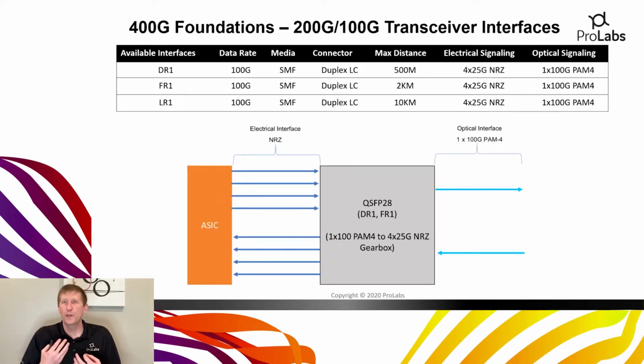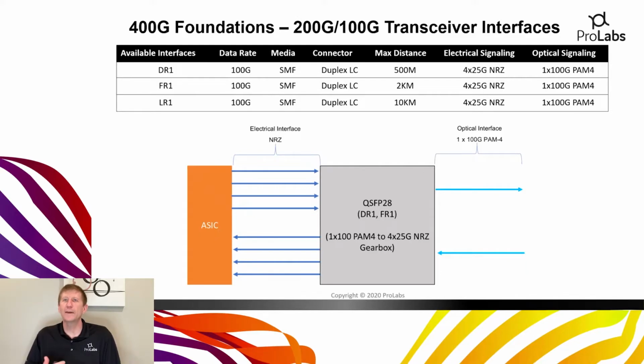Now, these single lambda 100 gig QSFP28 transceivers, as we mentioned, are really critical in integrating legacy 100 gig infrastructure into the new 400 gig network. What makes these a little different is that inside the transceiver there's a gearbox. In this gearbox, it does the retiming from 1x100 PAM4 to 4x25 NRZ.